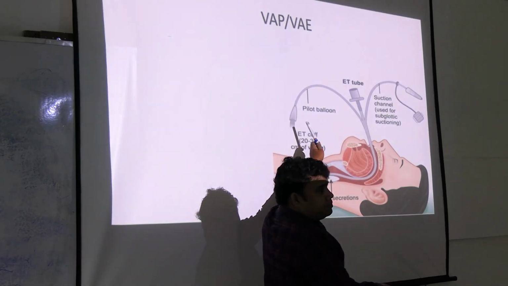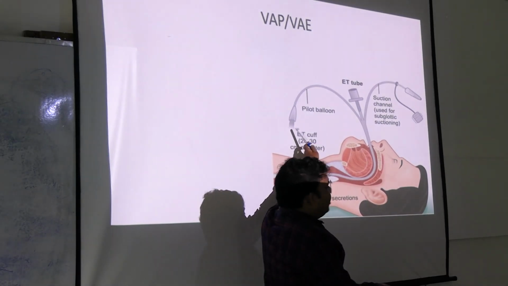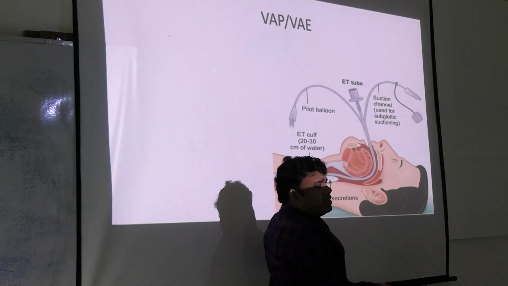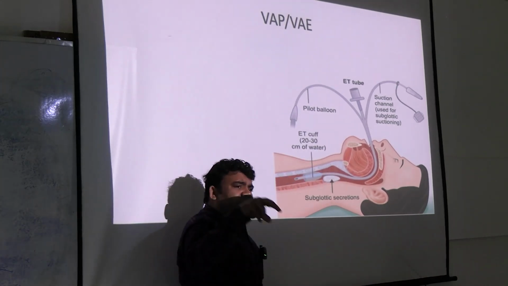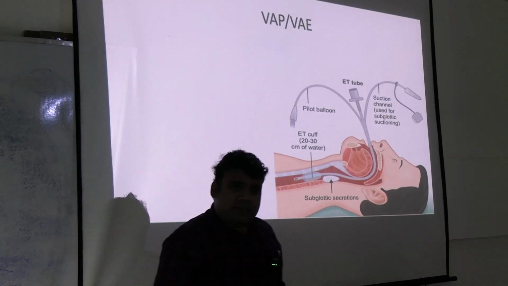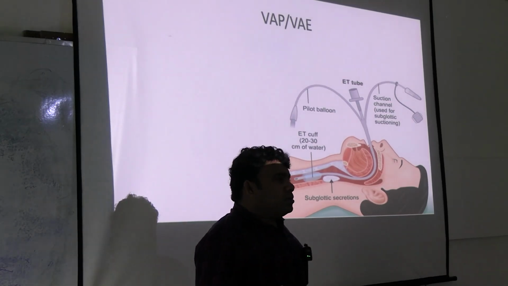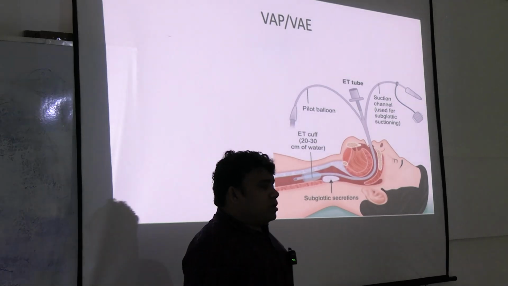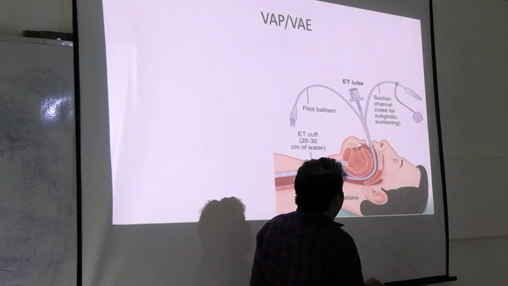This is a balloon in which air is pushed and the balloon opens over here. It gets inflated and it keeps the endotracheal tube in place. Otherwise, every time the patient swallows, the tube will come out. That is also called extubation.